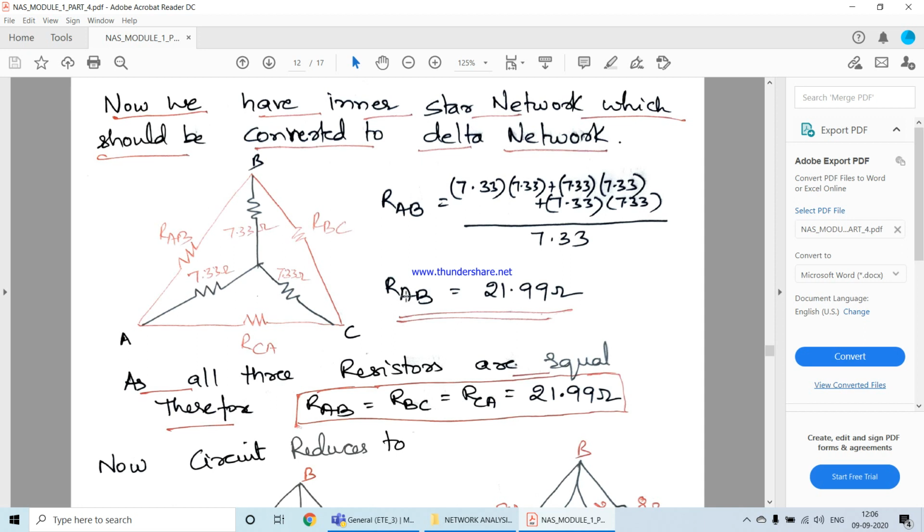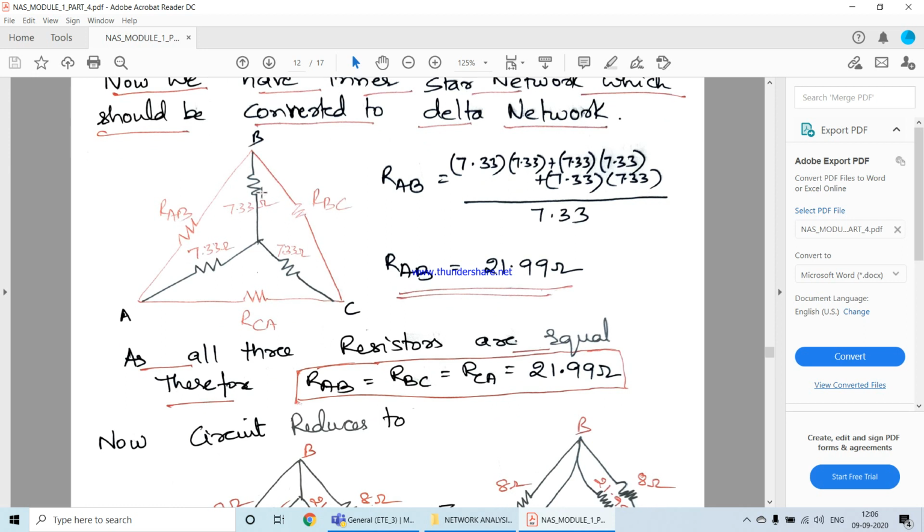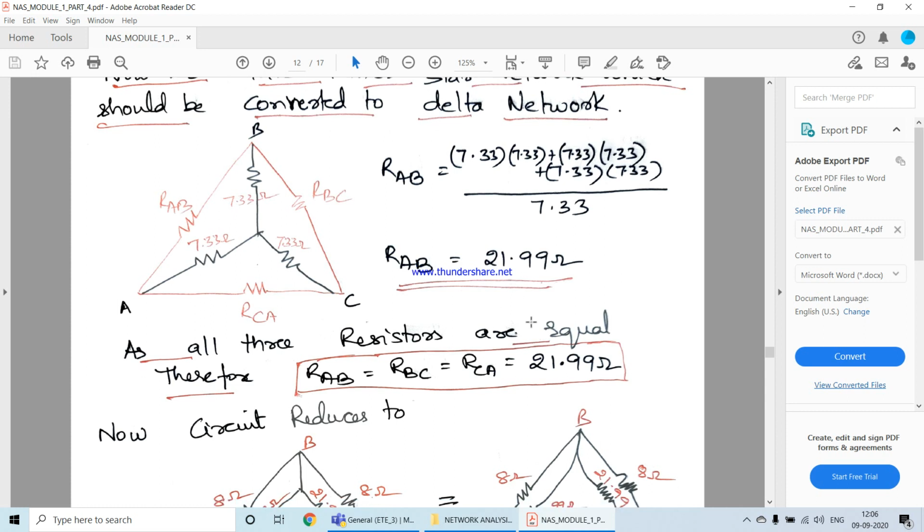So finally, you will end up getting RAB equal to 21.99 ohms. As all three resistances are equal to 7.33 ohms, RAB, RBC and RCA are also equal, each 21.99 ohms.